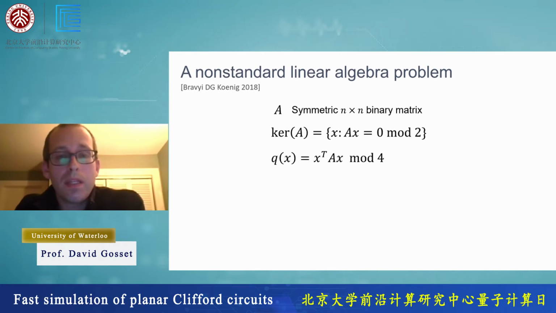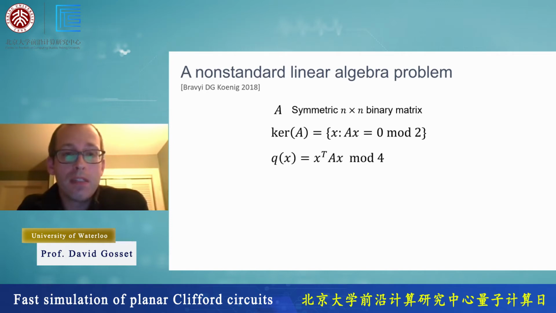We start with a symmetric n by n binary matrix A, and let us define the kernel of A, which is the set of binary strings that are annihilated by A mod 2. We're also going to define the following quadratic form Q of x, which is x transpose A x mod 4. Here x is a vector of n bits.